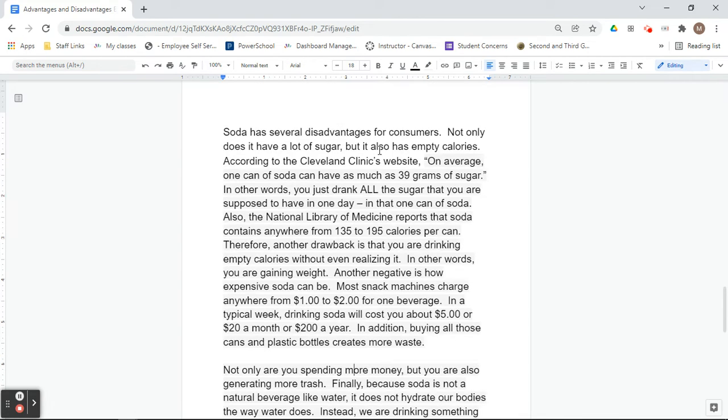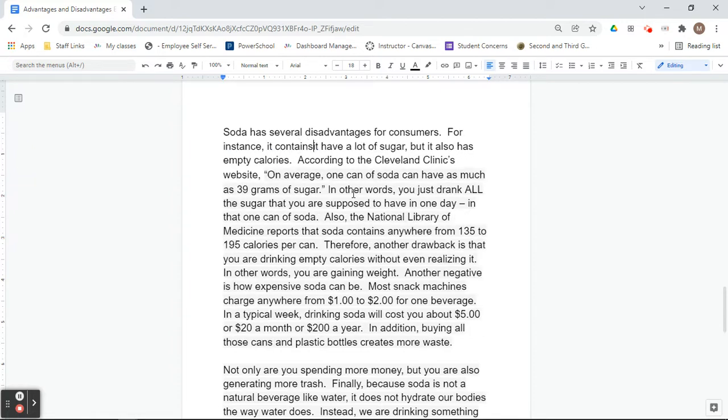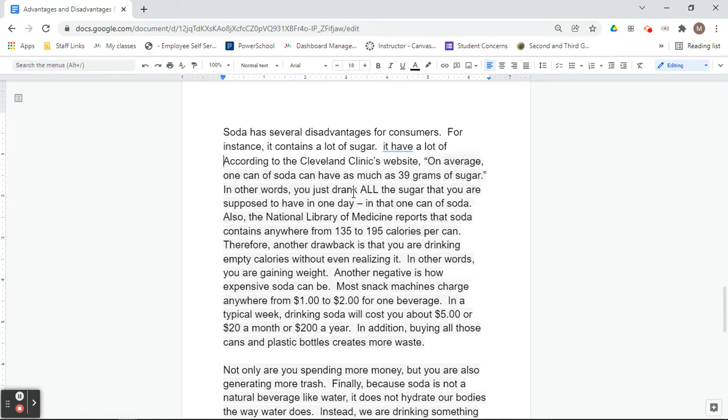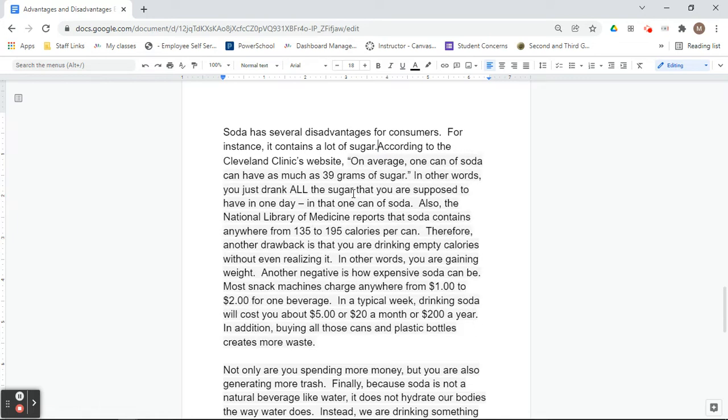I'm going to take out "Soda has several disadvantages for consumers. Not only does it have a lot of sugar, but it also has empty calories." Instead I'll say this: "For instance, it contains a lot of sugar.